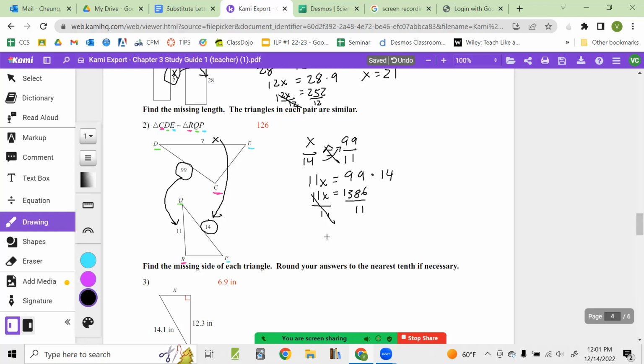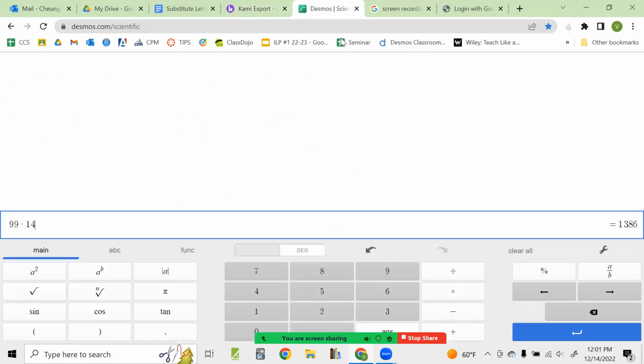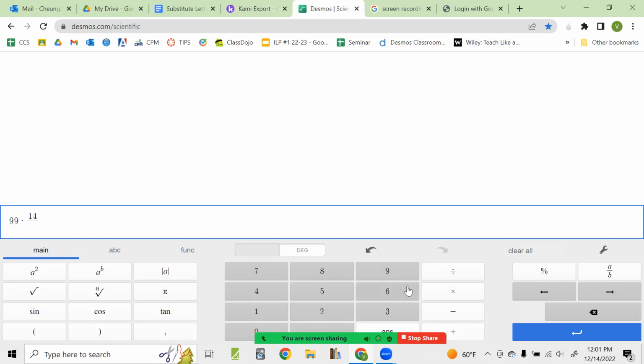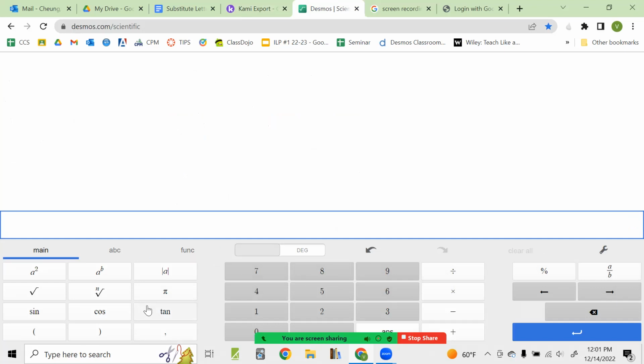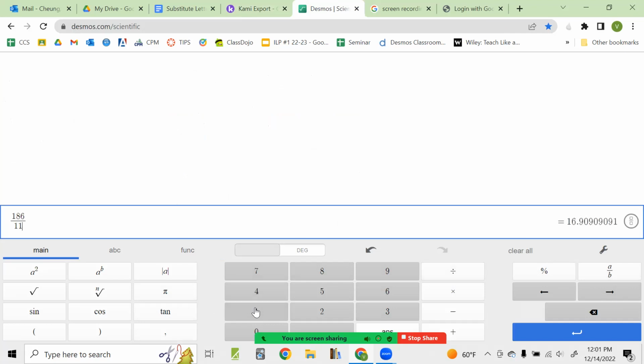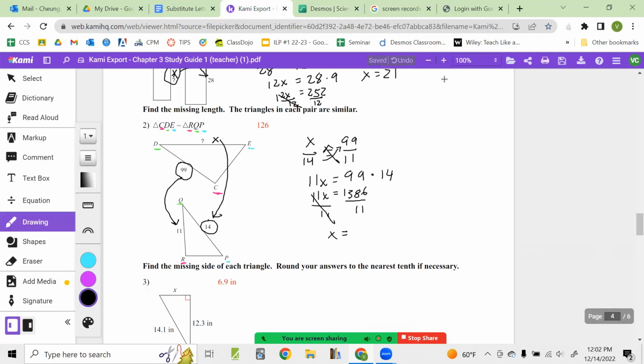Next to the x was an 11, so that's why we're dividing by 11. X is going to be 1386 divided by 11. That's 126. Is that our answer? Yep, it matches.